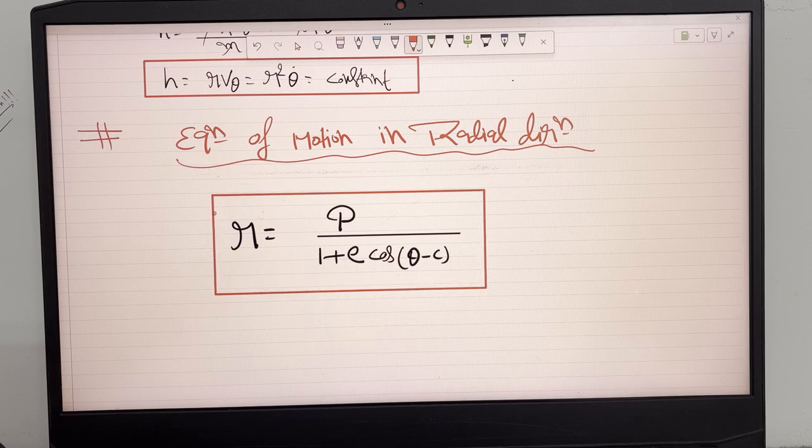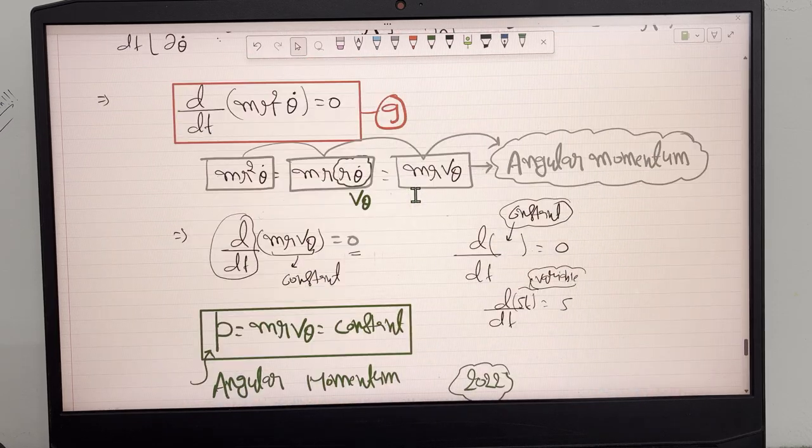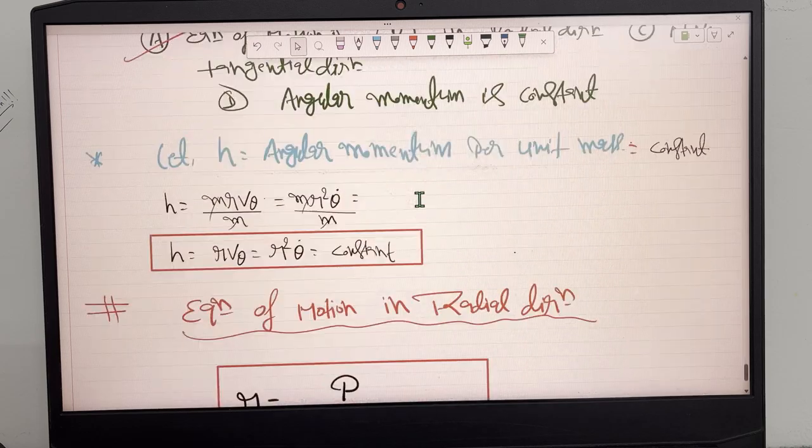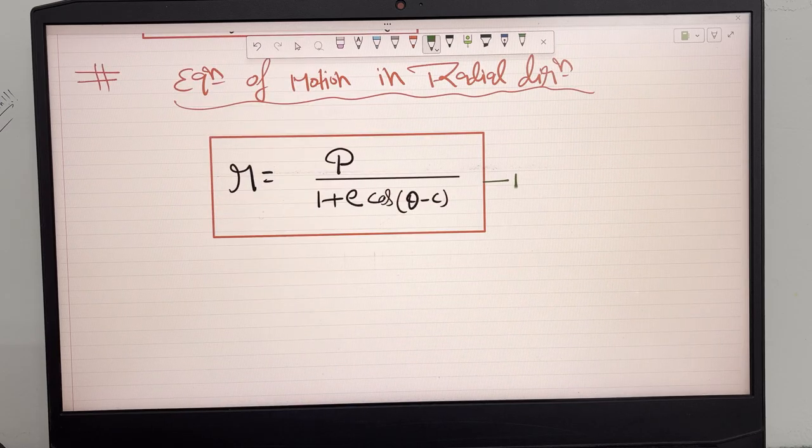I'll tell you what are the things. Let me take this as equation number 10.